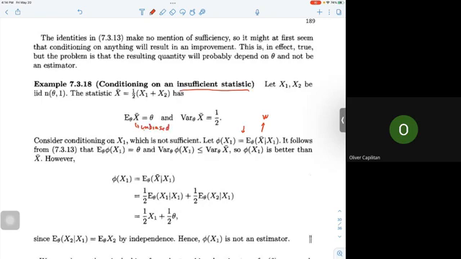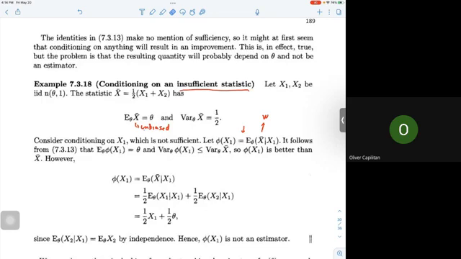It's an unbiased estimator, and this time we condition on a statistic that is not sufficient. So it follows from 7.3.13 that the mean of phi of X1 is equal to theta.